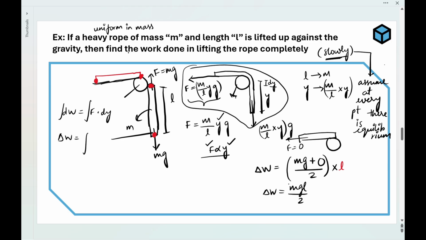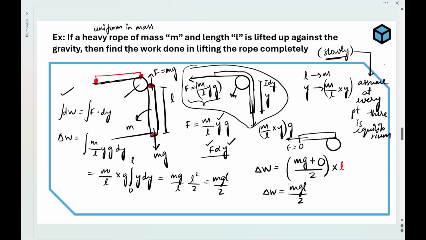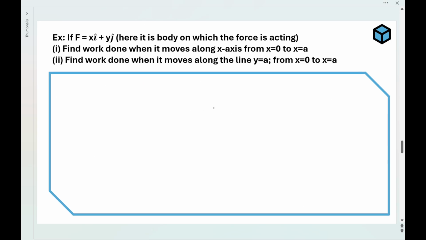The force is m by L into y into g, so we integrate m by L into g into y dy, and since y goes from 0 to L, we get mg by L into L squared by 2, which is mgL by 2. By both methods you will get the same answer. If you are not getting the same answer, you should check your procedure. So now let's go to another example.